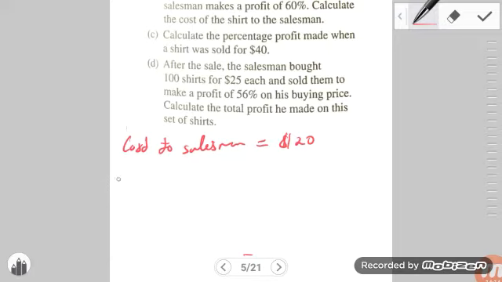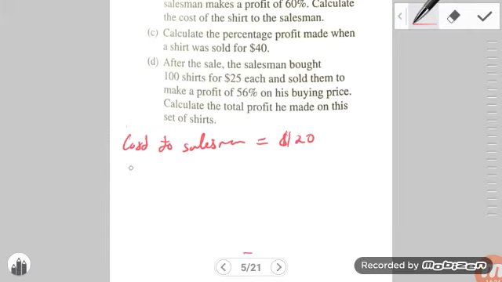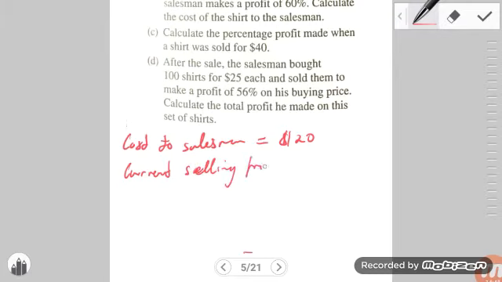He was selling it initially at $40. So the current sales price is $40.